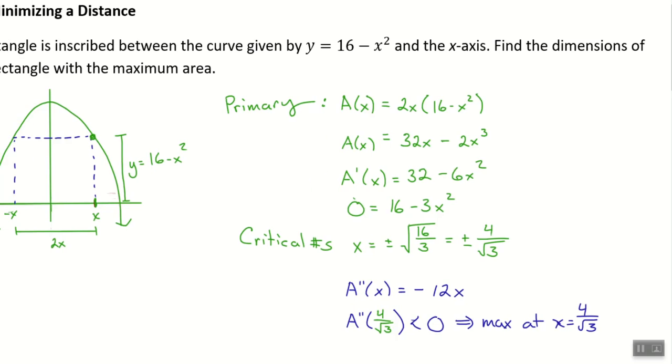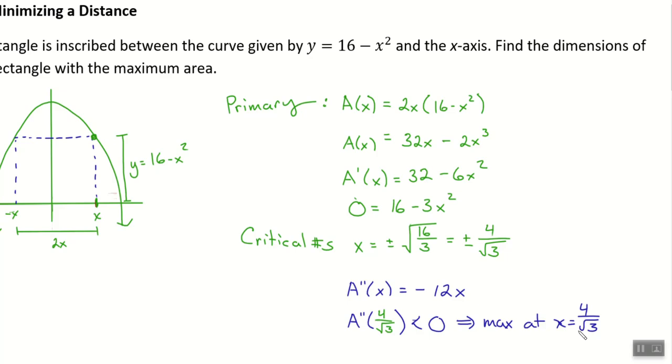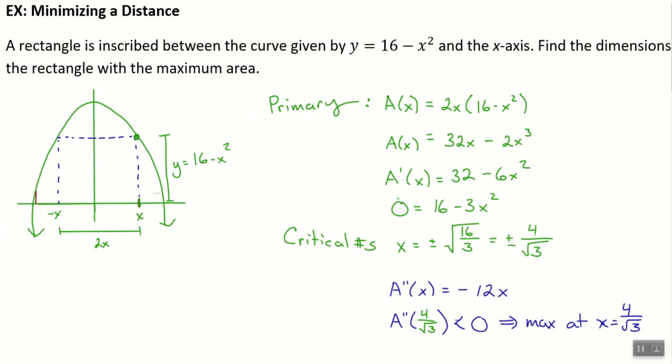We're close. We know the width of it is at this x, right? So what's the actual width? 8 over root 3. So I'm going to start writing my end answer, and then we'll come back and get the other part of it.